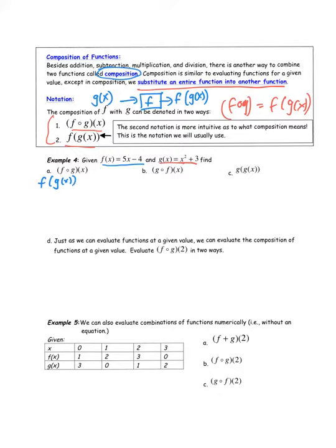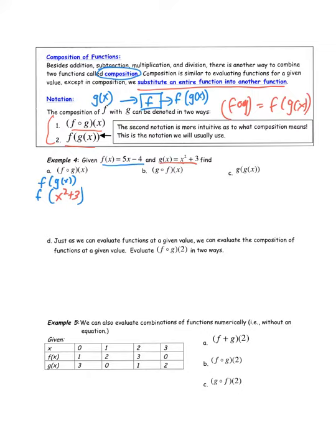And what this means is we are going to put the G of X function into the F function. So everywhere we see X in F of X, we're going to put the expression x squared plus 3. So the next step, I would write this as F of, instead of G of X, I would put in x squared plus 3.